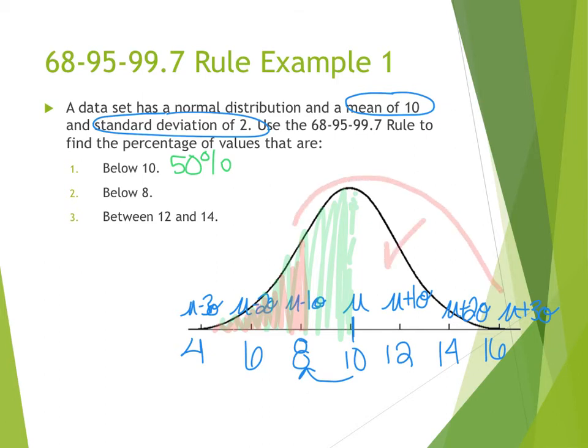We know that this is 50% and this is 34, so you could just do subtraction there. You could say 100 minus 50 minus 34. You can also add up these pieces here. So if you do 100 minus 50 minus 34, you should get 16%.